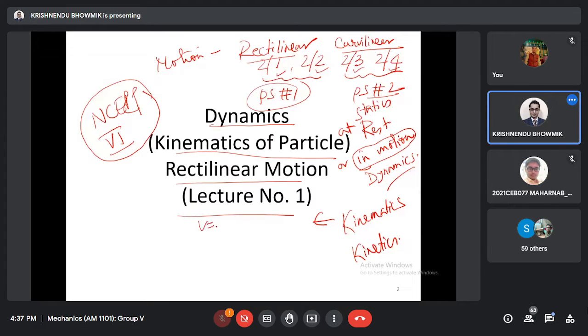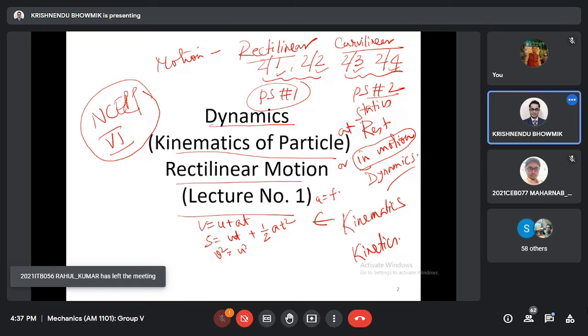Examples are like v equal to u plus at, or s equal to ut plus half at square. Somebody writes a for acceleration, somebody writes a also, correct? And also v square equal to u square plus 2as.